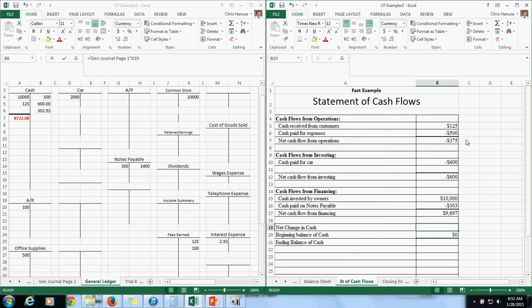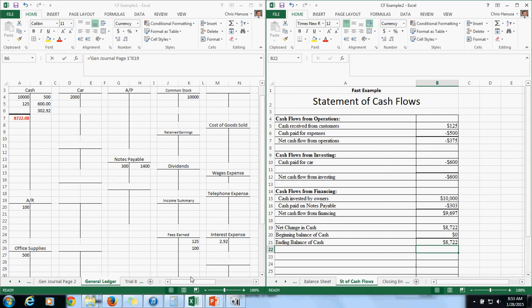To figure out our net change, we simply add up the cash flows from each activity, and we can see there's our $8,722. We began with no balance. We had a net change, a positive change of $8,722. Our ending cash balance, add the two up, will be $8,722, just as it says on our ledger.